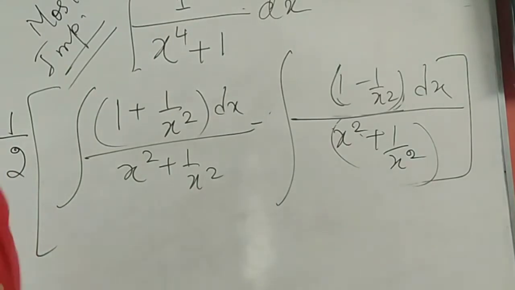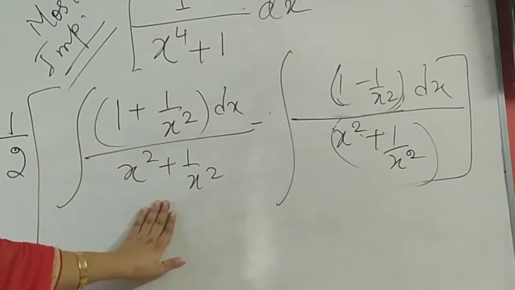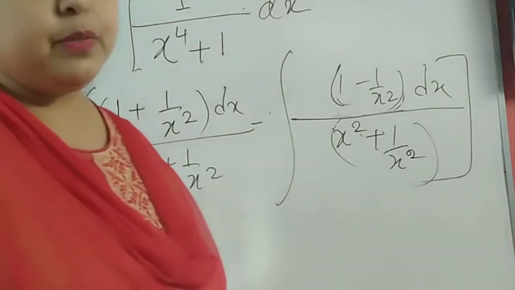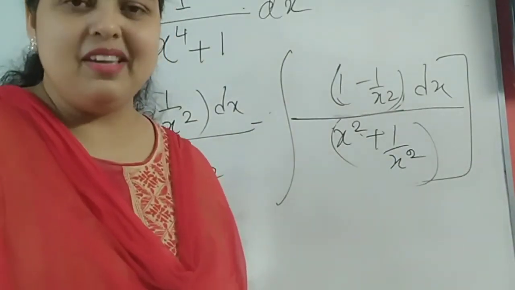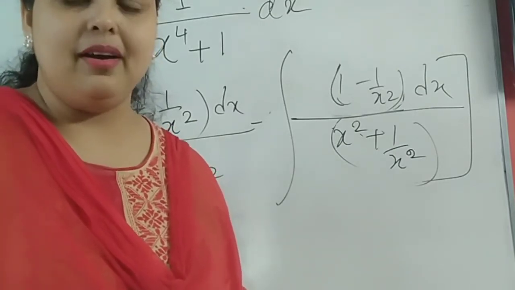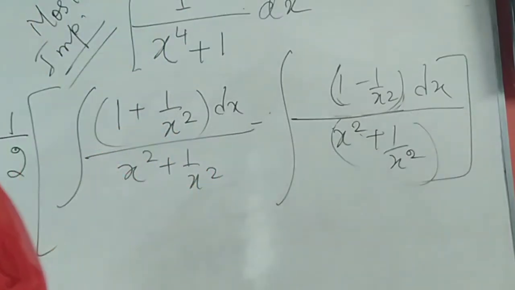Now a very important thing is going to come now. A very important substitution. See very carefully. The denominator is x square plus 1 by x square. Do you all remember the a square plus b square formula? Yes, of course, being in class 12, you will say, definitely we're going to remember that formula. But I'm going to write it in a different way.